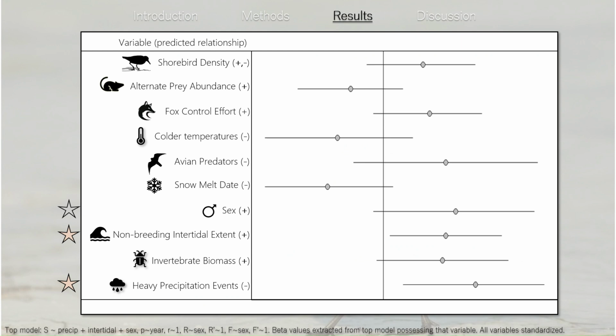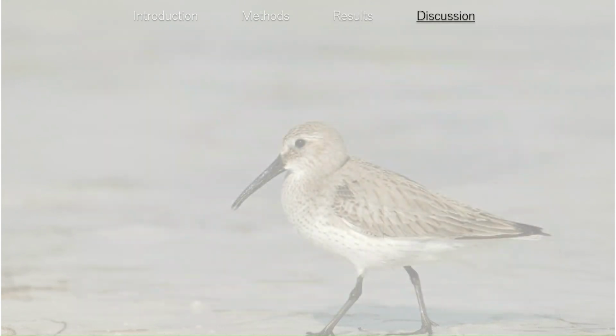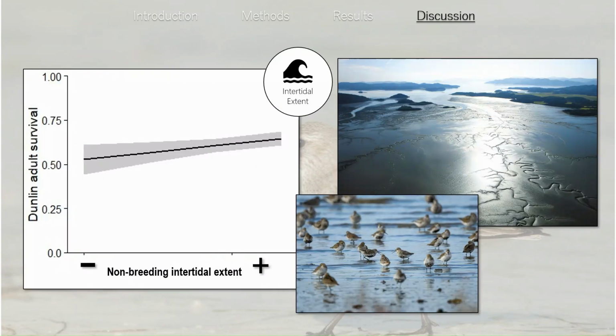So through analysis, we found precipitation and intertidal extent and sex to be the most important variables predicting survival. Yet precipitation and intertidal were the most informative, with sex just being marginally informative. We were most interested in exploring the relationship between non-breeding intertidal extent and adult survival. So I will be focusing on that for the remainder of this talk.